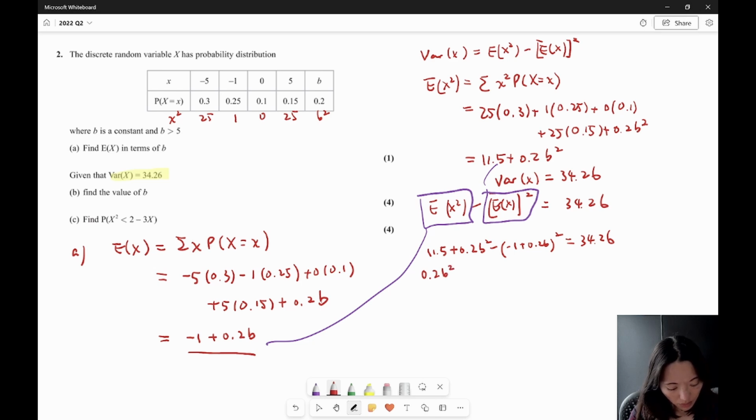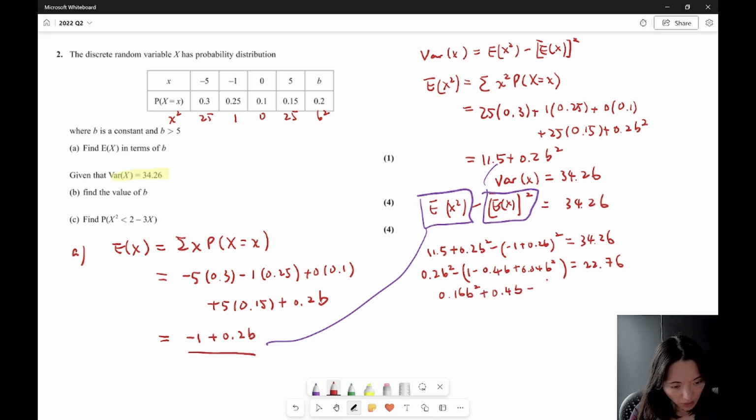Collecting like terms, moving the constant to the right-hand side, expanding the square, 1 minus 0.4b plus 0.04b squared, all in the brackets. 34.26 minus 11.5 is 22.76, and this leaves us a quadratic equation to solve.